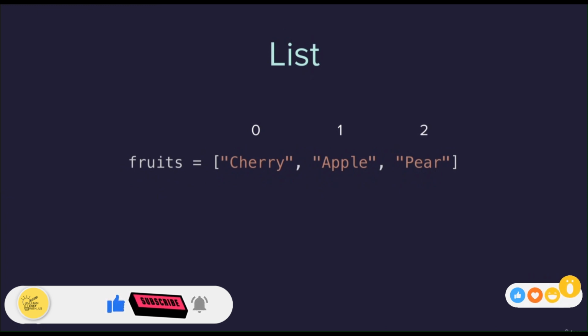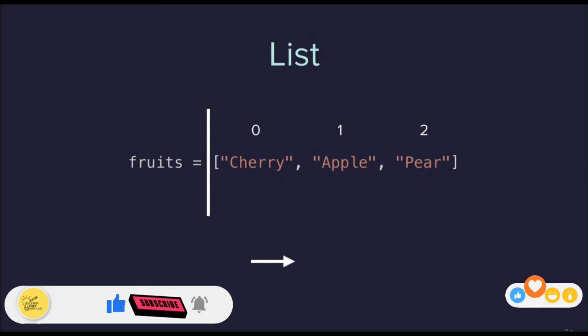But if you think about that index number, that 0, 1, or 2, instead of being the position, actually being an offset or a shift from the start of the list. Well, then in this case, cherry is right at the beginning of the list, so it has an offset or a shift of 0.